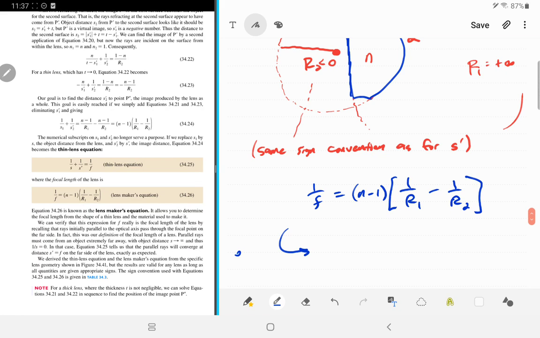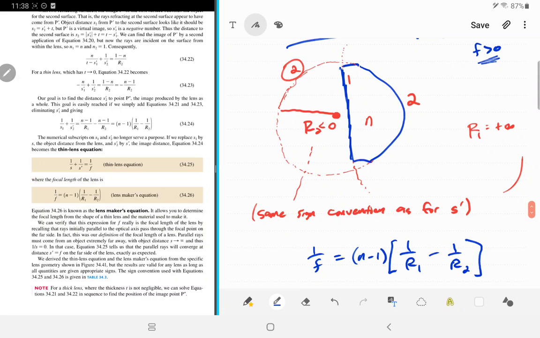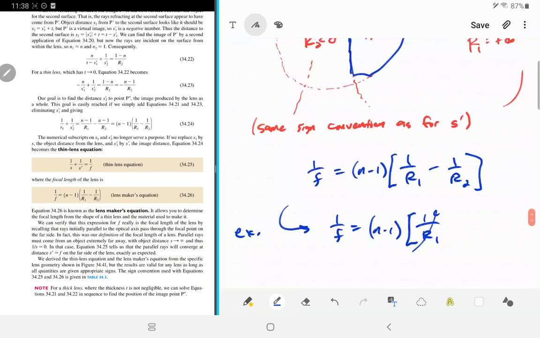And then for our example that we just drew, we can simplify this because we know R1 is infinitely big. So if R1 is infinity, because we have 1 over R1, that's going to be 0. Anytime you have a flat side, it contributes 0 when you take the reciprocal. And we have minus 1 over R2, but remember R2 is negative.